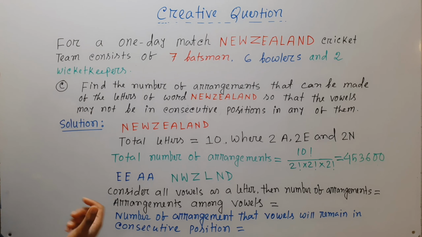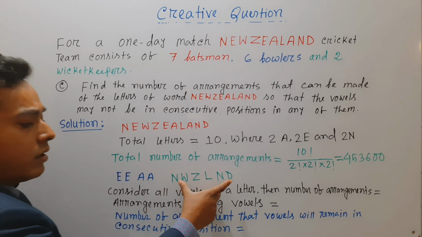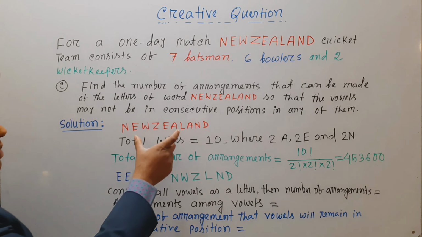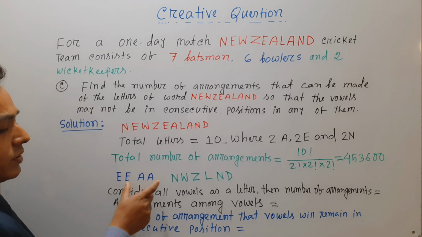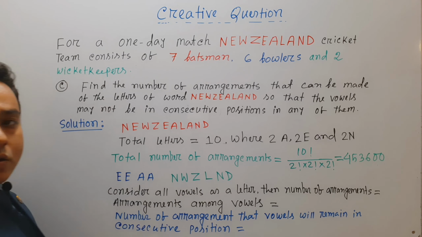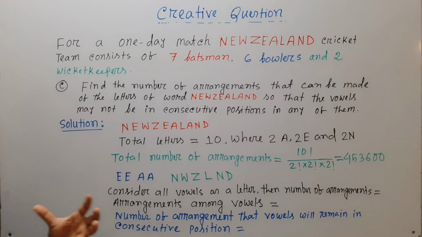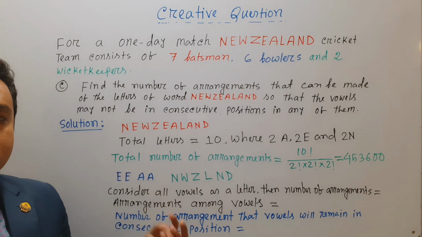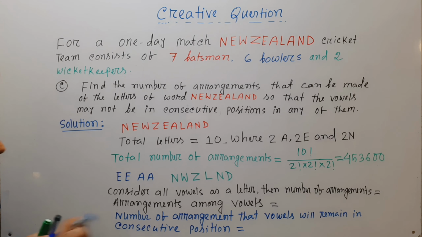Now here, separate all the vowels and consonants. In New Zealand, the total number of vowels is 2E and 2A, and the others are consonants. So now we want to find the arrangement where the vowels occur together. So here all vowels are considered as one letter.